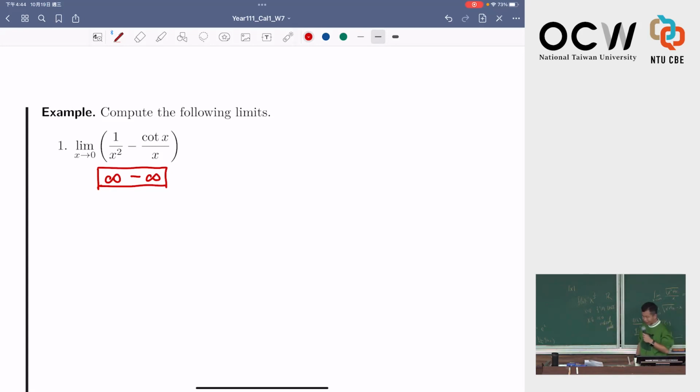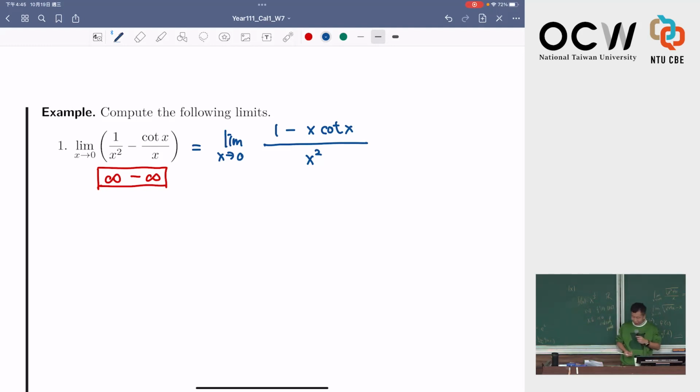We shall see. As I mentioned, the way to do it is to take a common denominator, to make it become x squared and 1 minus x cotangent x. But there is a slightly annoying thing here.